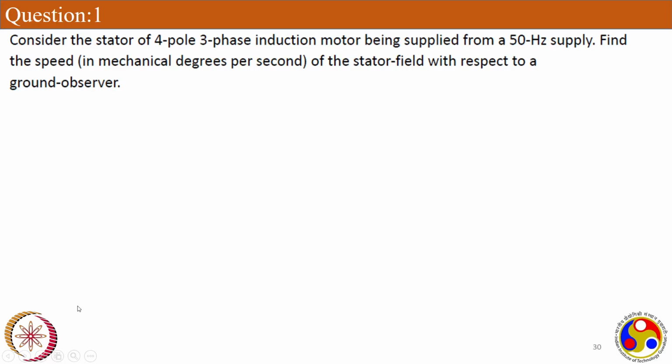No, the question is like that. I have calculated the voltage for the coil group. Now, how many coil groups are there? We have to connect them in series and parallel to get the maximum voltage rating and maximum current rating. Then the question is, what will be the maximum kVA rating?